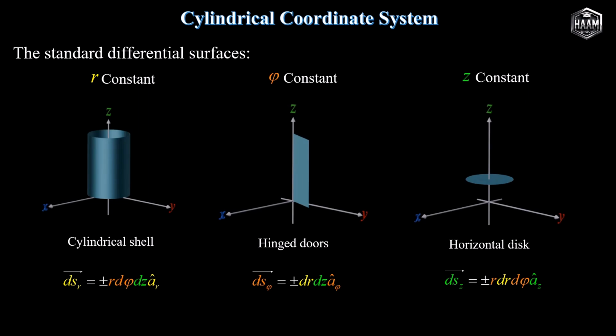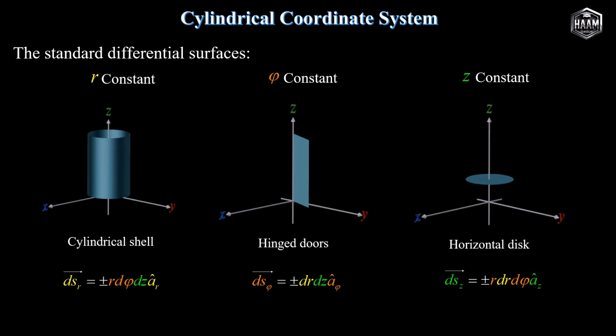Now, for each of these differential surface elements, based on the given figure, you must determine the range of variation for the relevant variables. For example, for the cylindrical shell, over what range does phi vary on the surface? Since we currently have a complete cylinder, naturally phi ranges from 0 to 2 times pi. So sections of these surfaces can also be considered, in which the ranges of the variables phi, r, and z are altered.